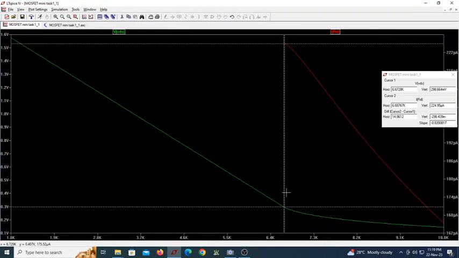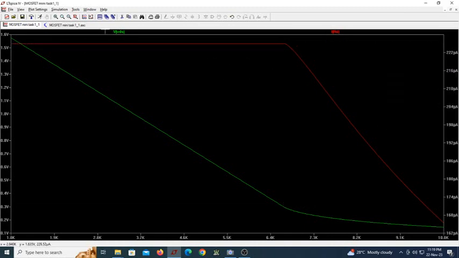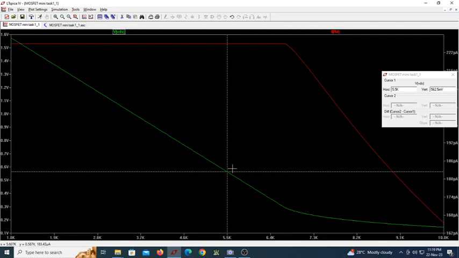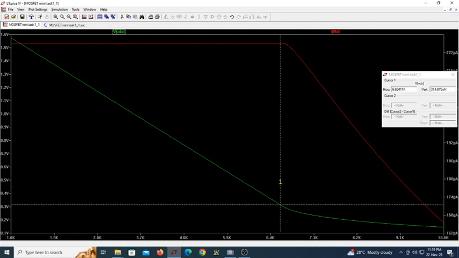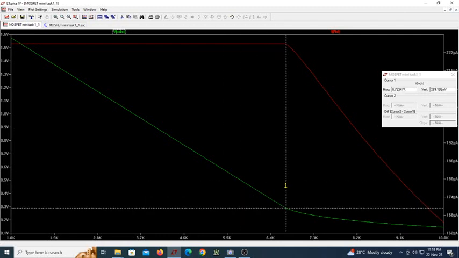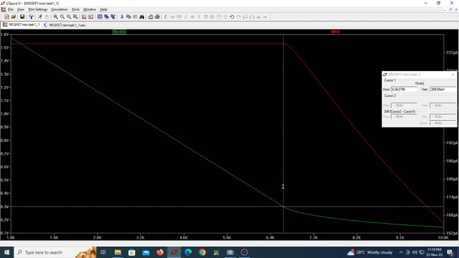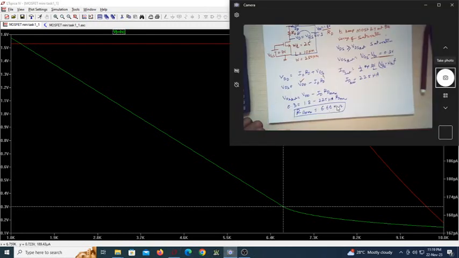Now let me take out this cursor totally. Let me just take it only here. Let me just go close to 300. 300 millivolt is here. Fine, can you see here? It is 6.66 kilo ohm, which is the expected value.